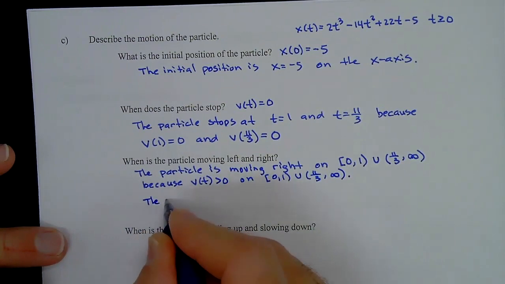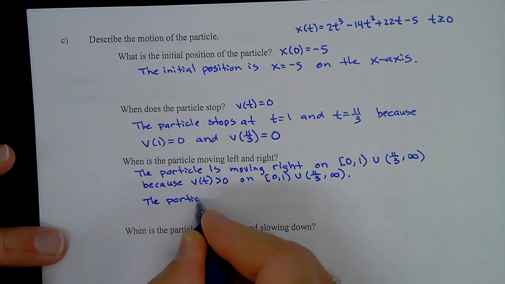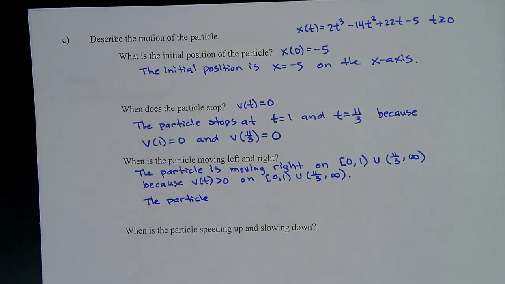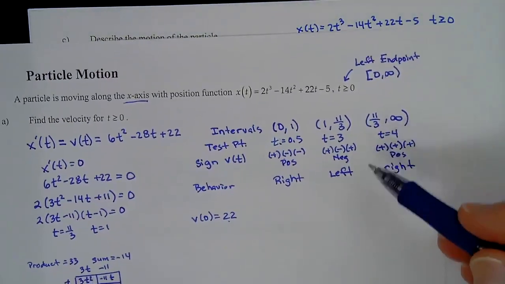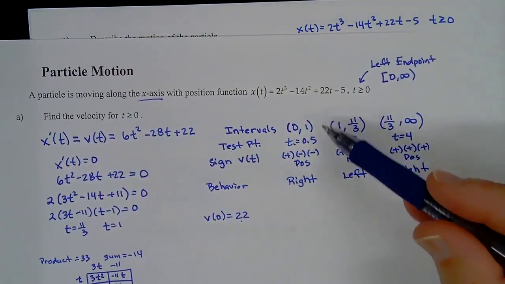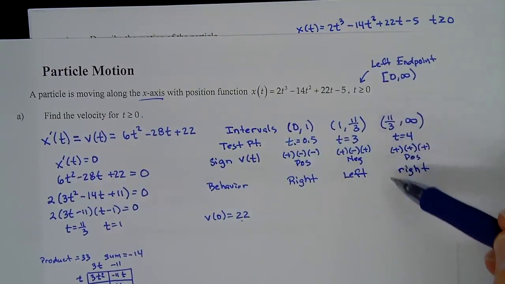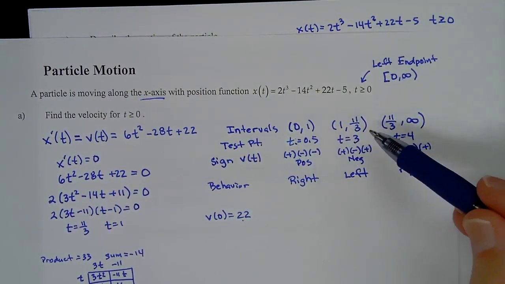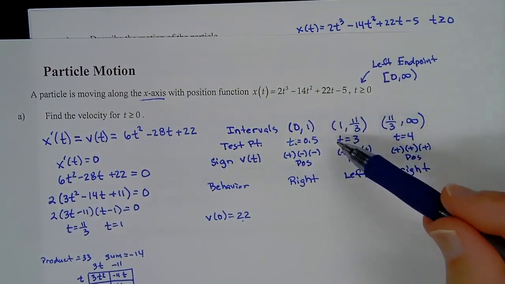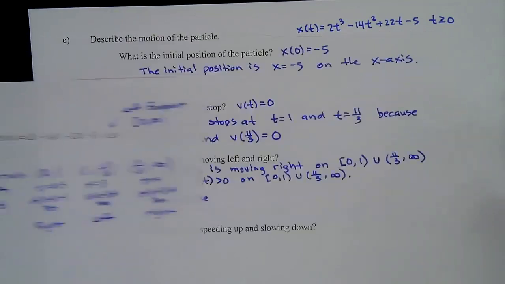So the particle, we know it's moving left when the velocity is negative. It's not negative at 1 and it's not negative at 11/3. So we're not going to include either one. This is the only interval in which the particle is moving left. Okay?